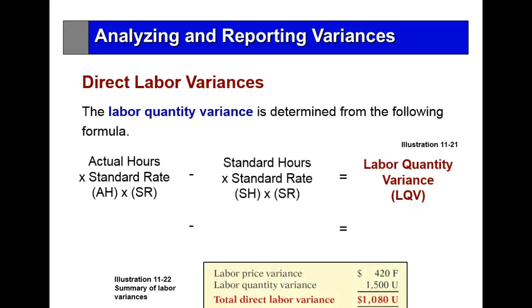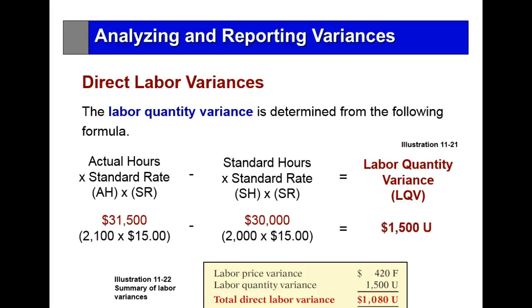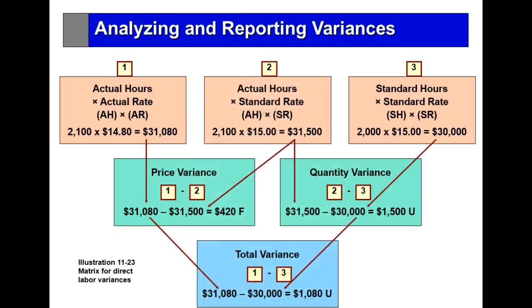And our quantity variance is going to be actual times standard minus standard times standard, to see how much is related to price and how much is related to quantity. Again, the total variance is actual times actual minus standard times standard, but computed in there are a price component and a quantity component.